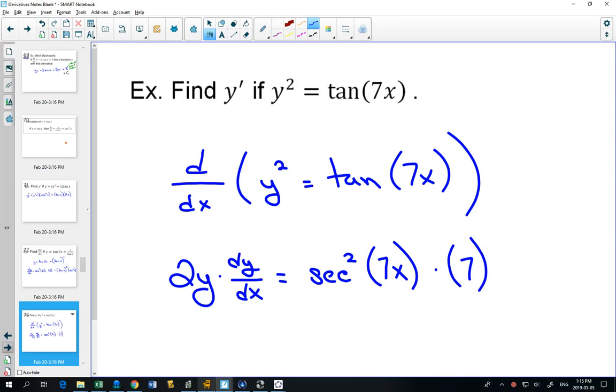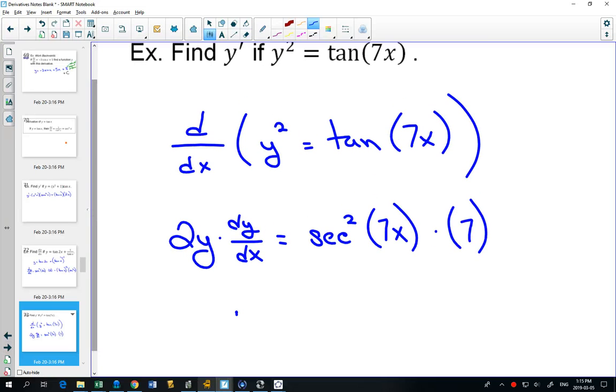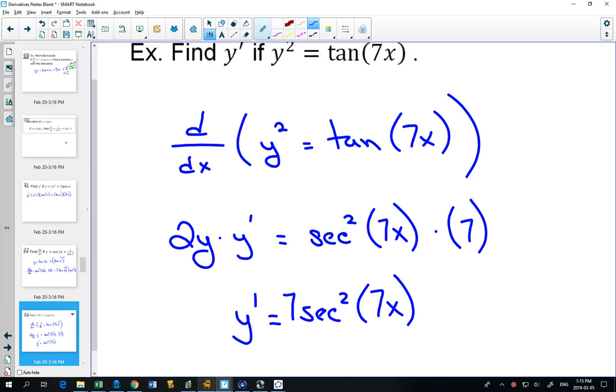Multiply by the derivative of the inside function. To get y prime by itself, I guess I should have asked for y prime. I'm going to write that 7 out in front, because generally if we're multiplying by something, it's easy to see it out front. Divide both sides by 2y.